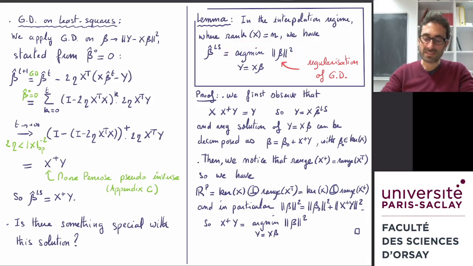It interpolates because any minimizer of the least squares must be an interpolating solution, but this is not just any solution, it is the one which has the smallest norm. So gradient descent has some implicit regularization effect, and we want to understand the statistical effect of this implicit regularization.